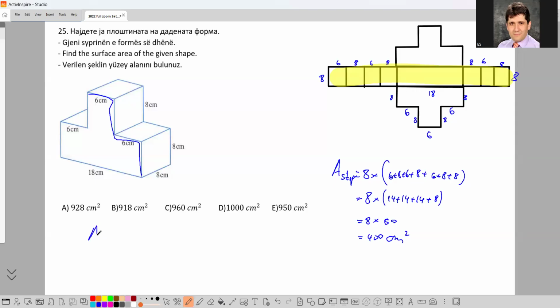And the area of the T-shape will be 8 times 18 plus 8 times 6. Let me calculate this one.